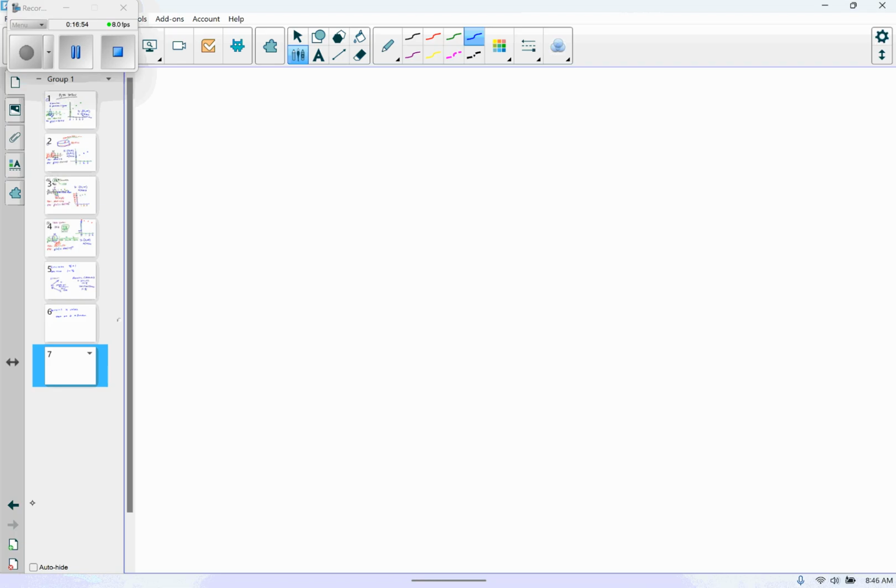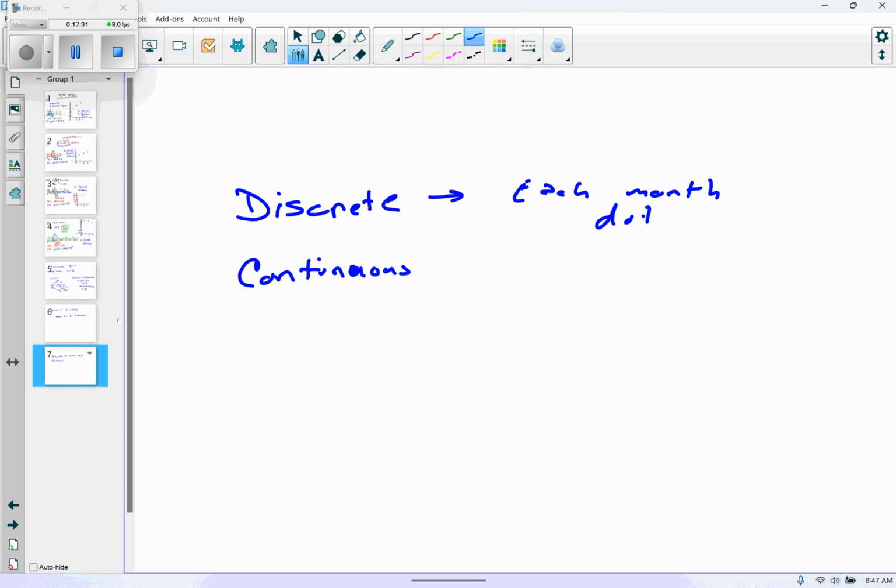So in the lesson we learned as possible units we call the domain. We found that some situations are best described using a discrete model, and others are represented better using a continuous model. Okay, so now we're talking about discrete or continuous. Discrete means, you know, like each month, where you would just have dots.